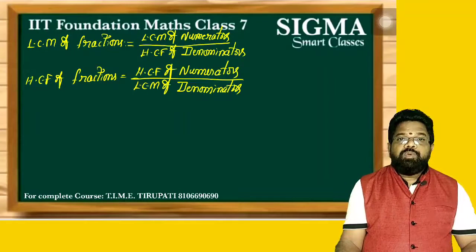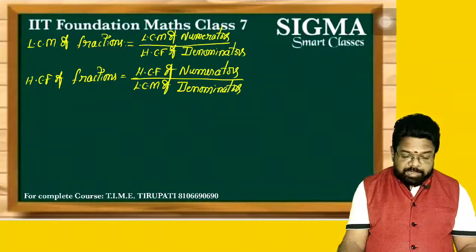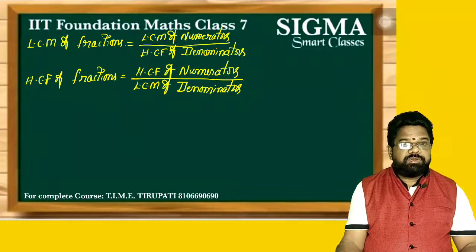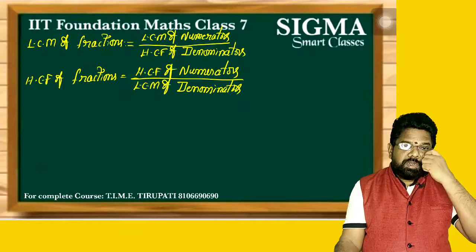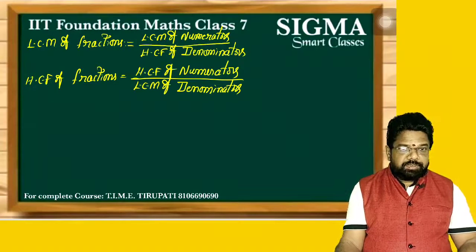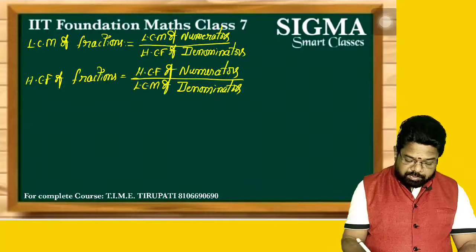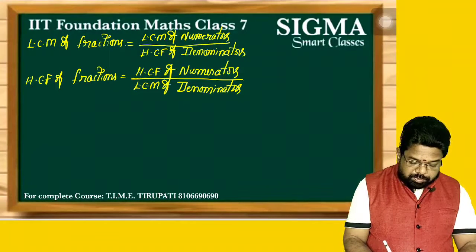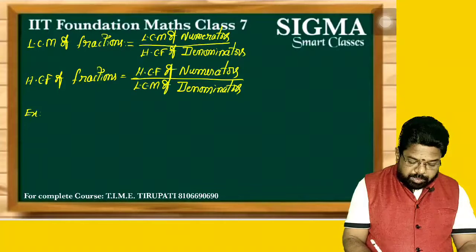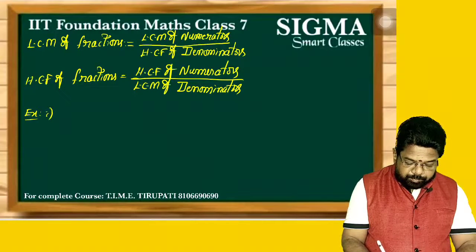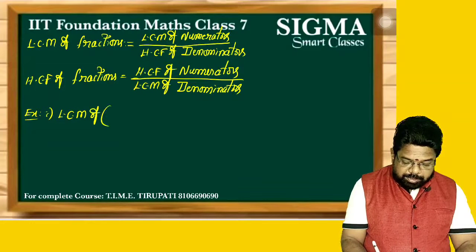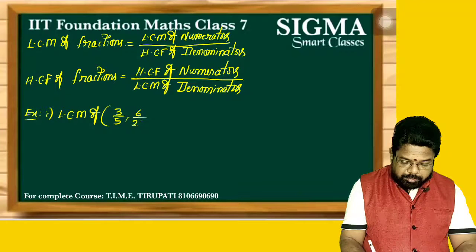We learnt in the previous class how to calculate LCM and HCF for the given values, and we learnt shortcuts for LCM and for HCF. According to those shortcuts we can calculate the LCM and HCF. Now observe an example: LCM of 3 by 5, 6 by 25, 9 by 125.